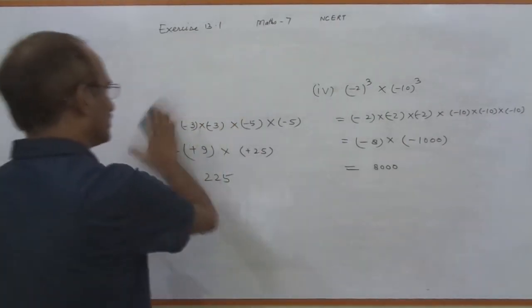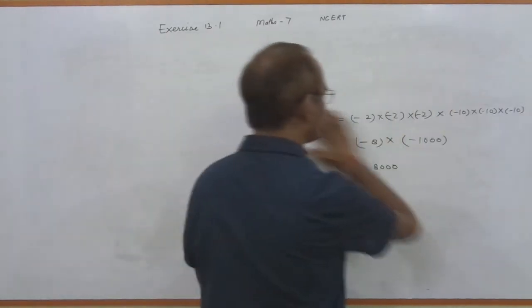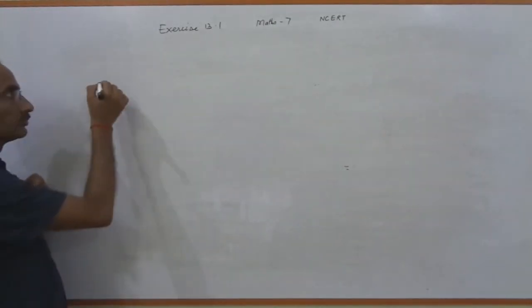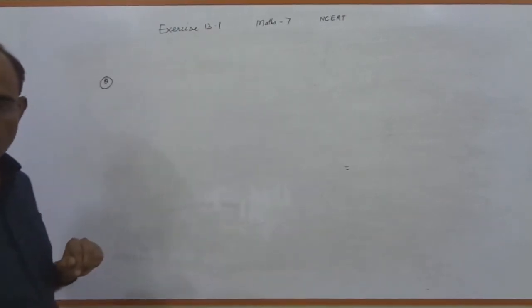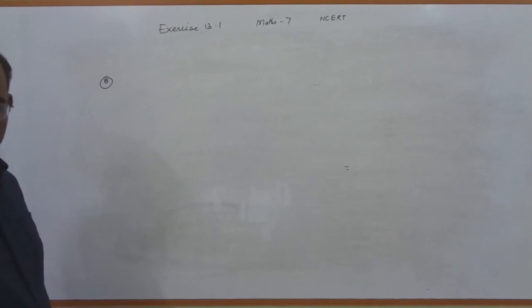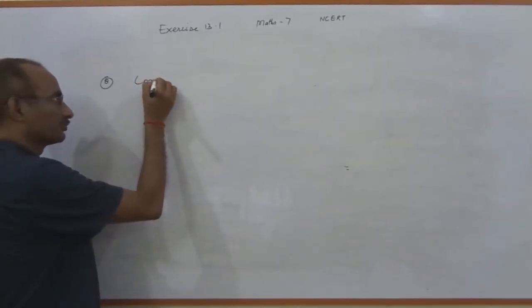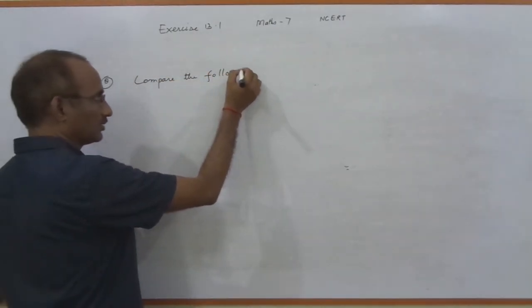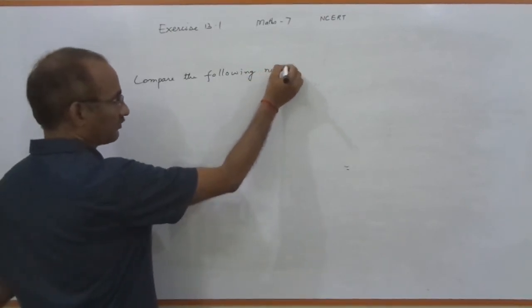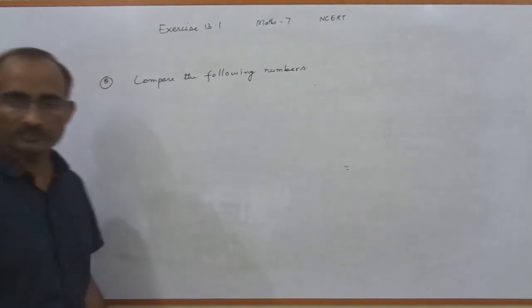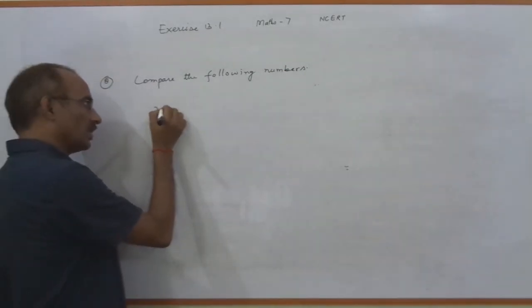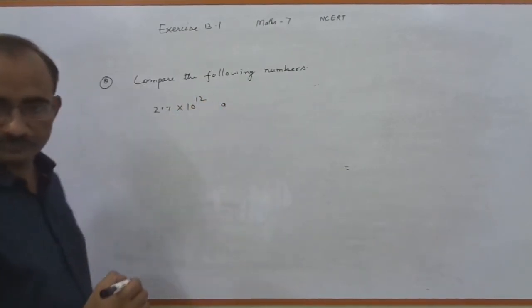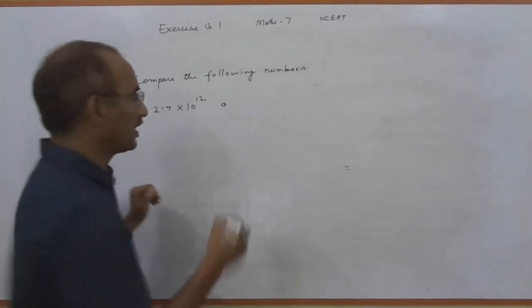Now come to question number 8. Compare the following numbers. 2.7 into 10 to the power 12 and 1.5 into 10 to the power 8.